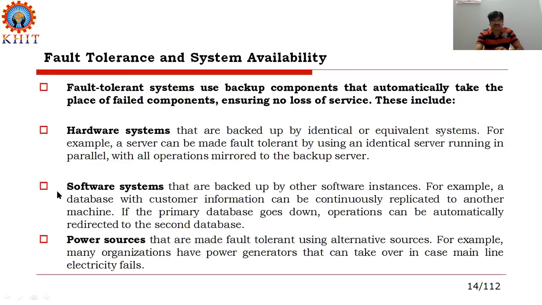In the database, the customer information is continually stored. Whenever we require, we can retrieve the data from the database. Suddenly, if the database server fails or goes down for some reason, the operations, that is insert, delete, and update, can be automatically redirected to a second database, which is considered a backup database, due to which the transactions may not fail.